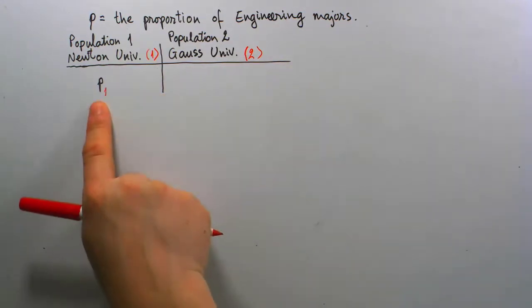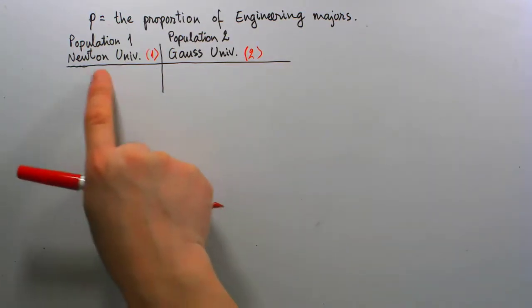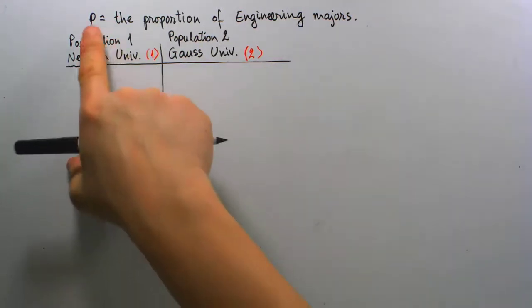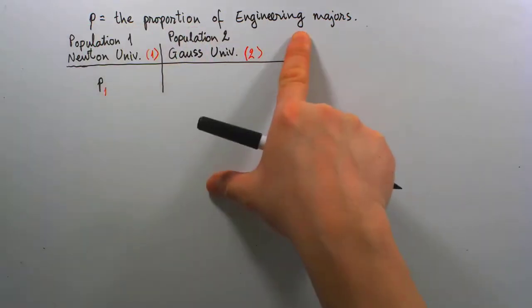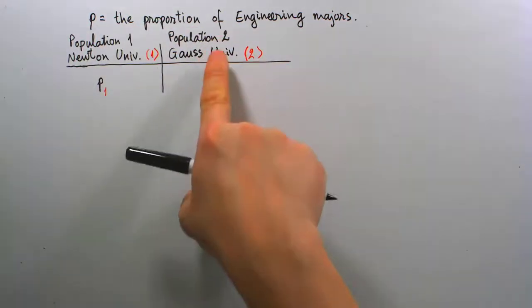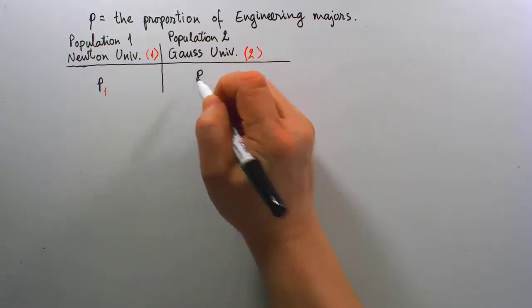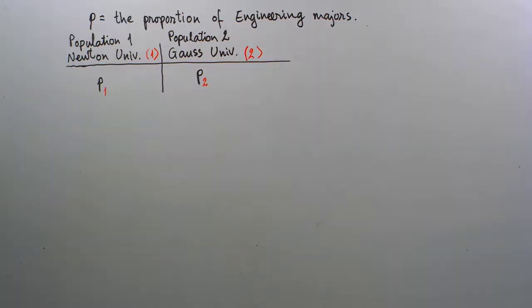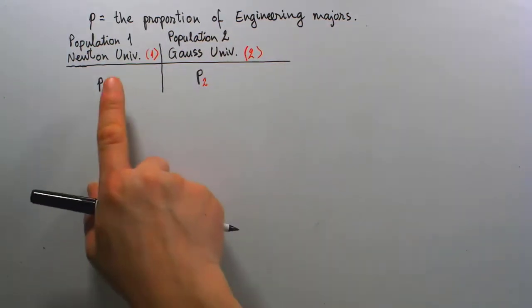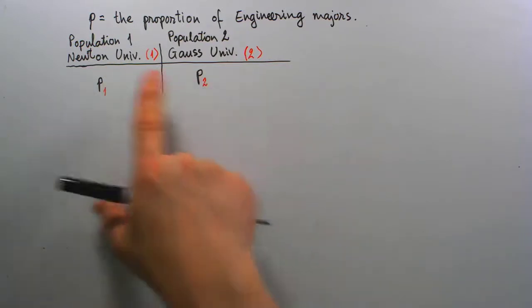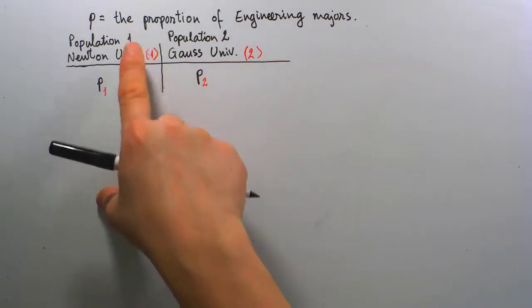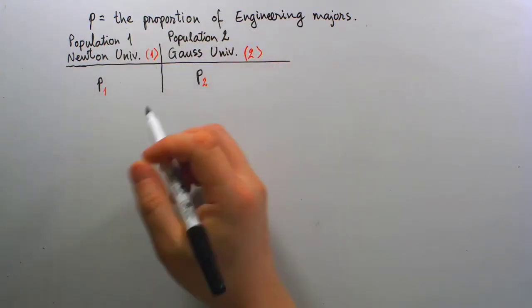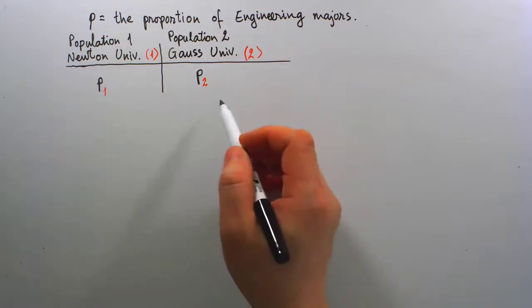Of course, at this point, we do not know the actual value of this true P1. That population proportion of engineering majors specifically in population 2, we now refer to as P2. And so anytime later on throughout the problem, if I need to refer back to any of these two populations, I am going to refer to them as population 1 and population 2, and in the same way, P1 and P2.